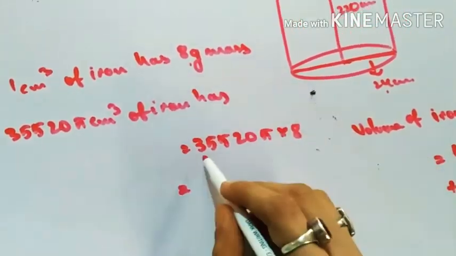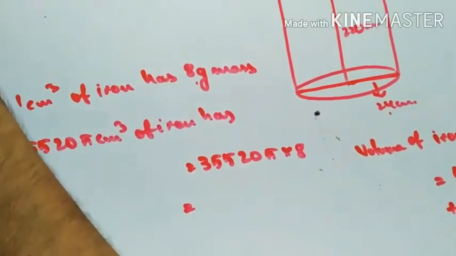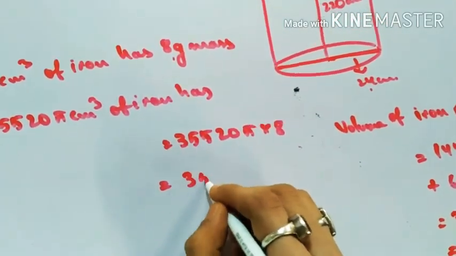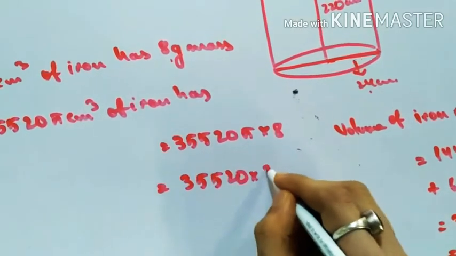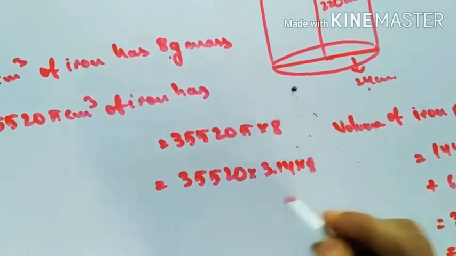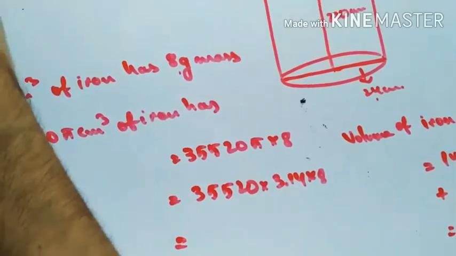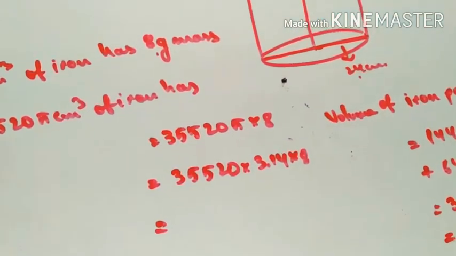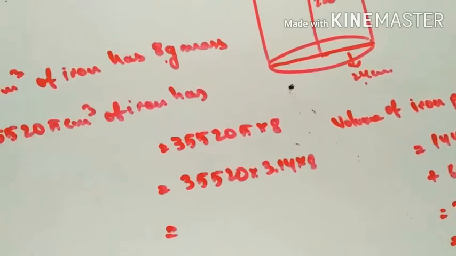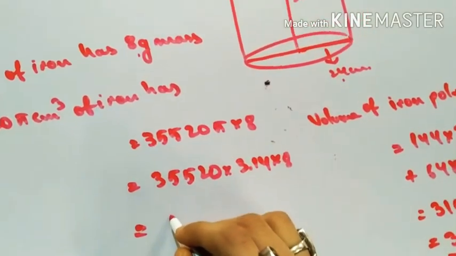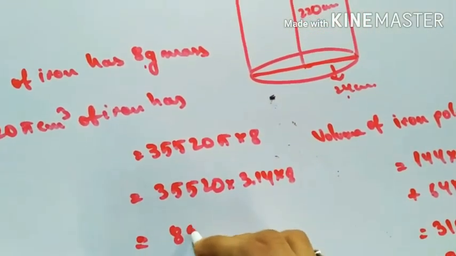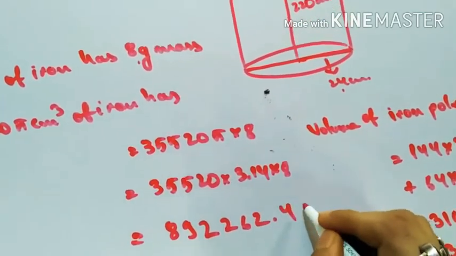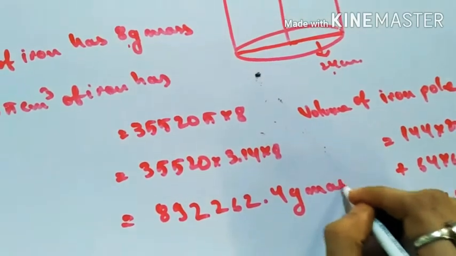The pi value I have to take as 3.14. So 35520 into 3.14 into 8, how much will I get? I will get 892,262.4 gram mass.